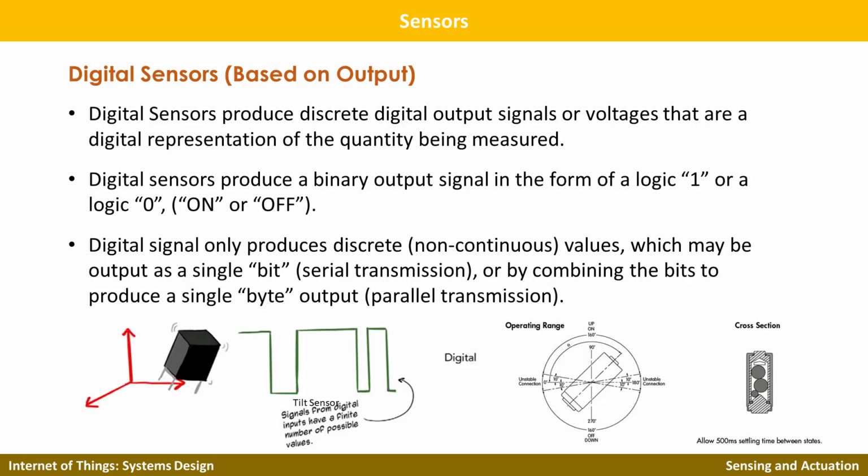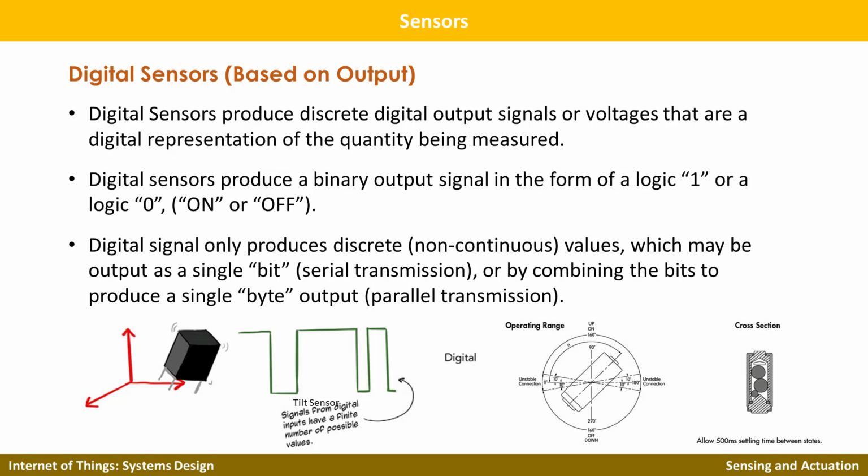Second category of sensors are digital sensors, again classified based on the output. Digital sensors produce a discrete digital output signal or a voltage that is a digital representation of the quantity they measure.